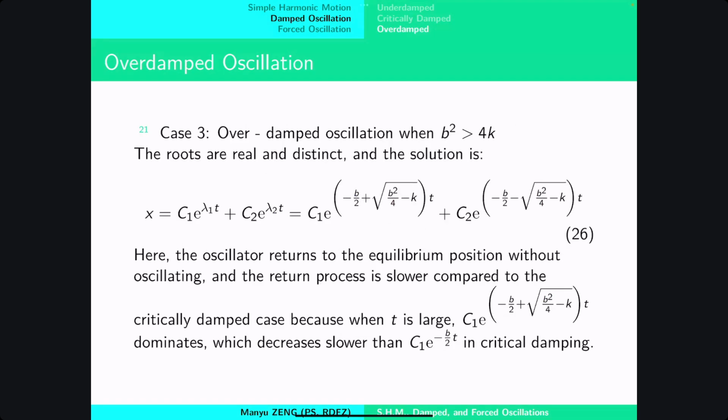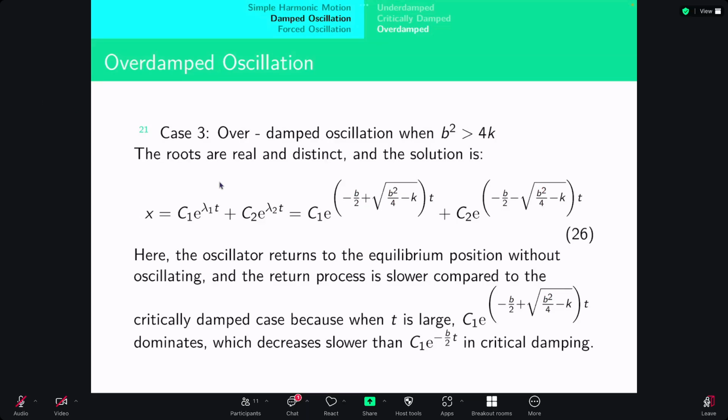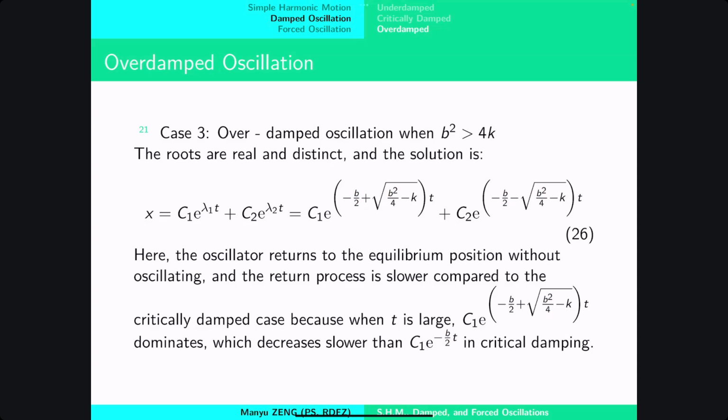And so we will analyze this, because the oscillator returns to the equilibrium position without oscillating. So this cosine does not exist either, and the return process is slower compared to the critically damped case, because when t is large, the exponential that is greater is dominant, right? The other exponential is decreasing faster, so it decays faster to zero, and it's just not important compared to the other term.